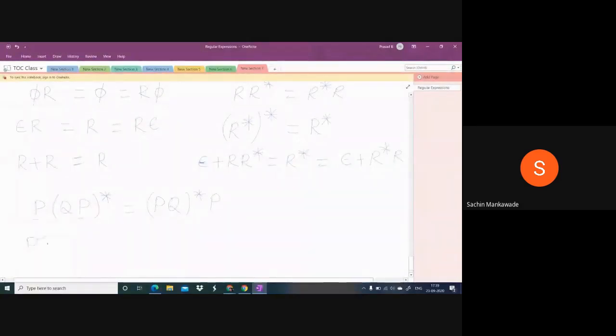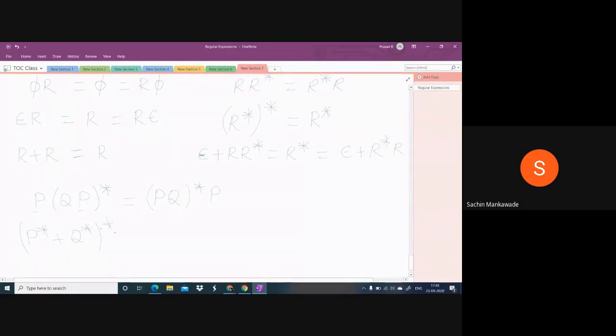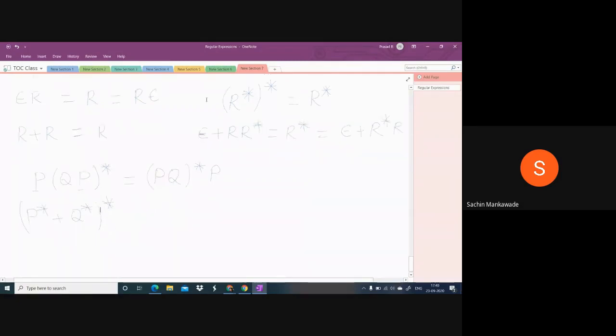P star plus Q star whole star. If any expression is like this, P star plus Q star whole star, simply we can write this as P plus Q whole star.